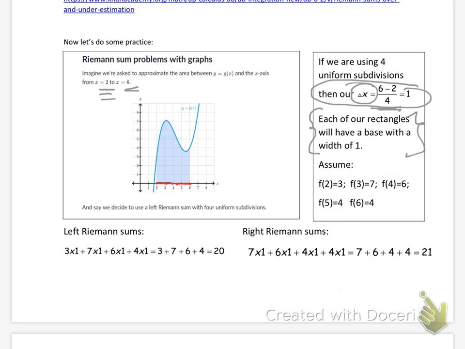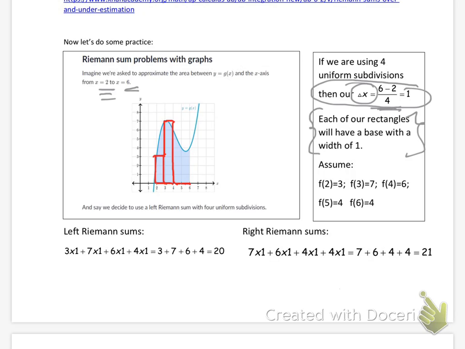We're going to go up to the curve. So f of 2 is 3, and go across and down. That's our first rectangle. Then go to 3. Left Riemann sum says we hit it from the left side, go across and down. That is our second rectangle.